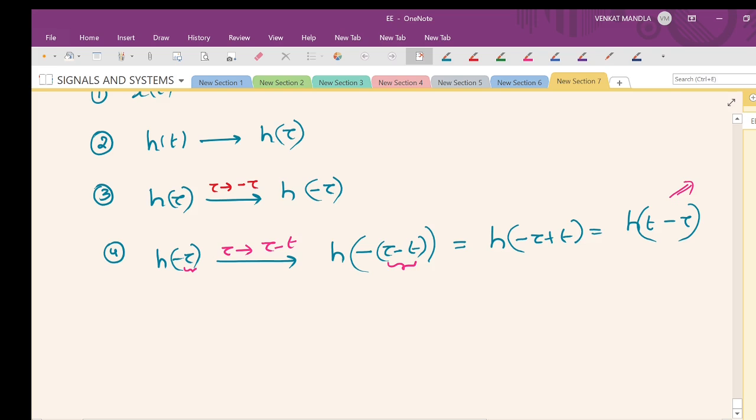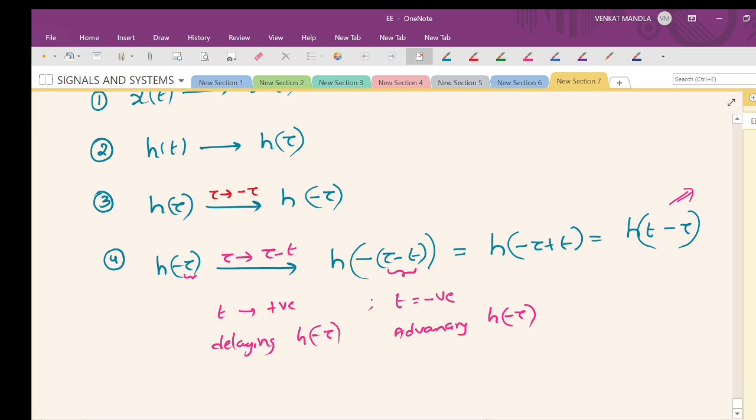Here, if t is positive, then we are delaying h(minus tau). If t is negative, we are advancing h(minus tau).